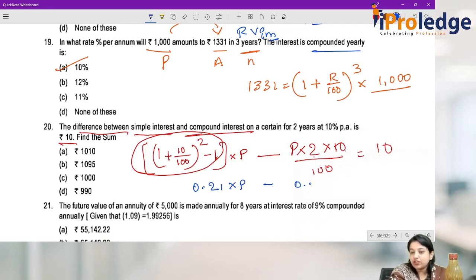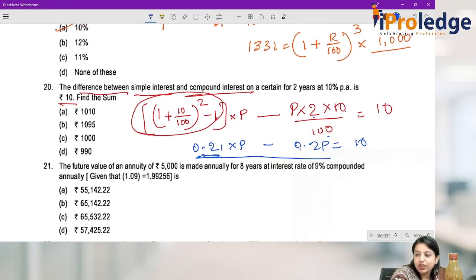Do this: 2 into 10 divided by 100 equals 0.2 into P, equals 10. Correct. What is common in these two? 0.21 minus 0.2, what does it become?